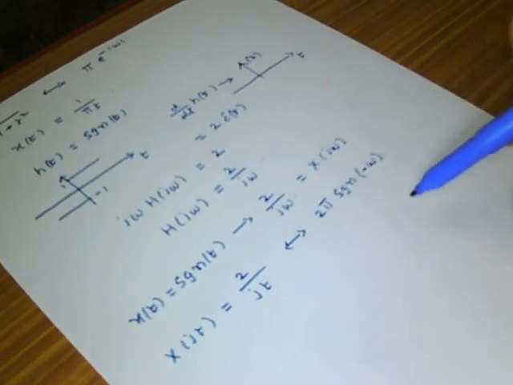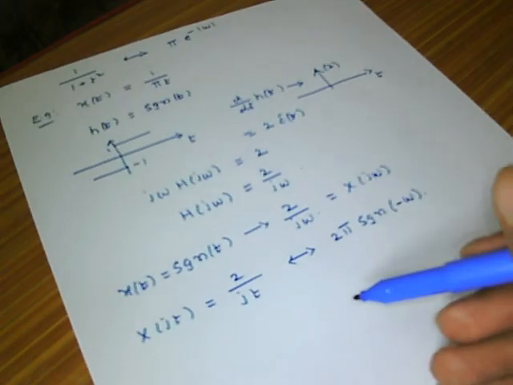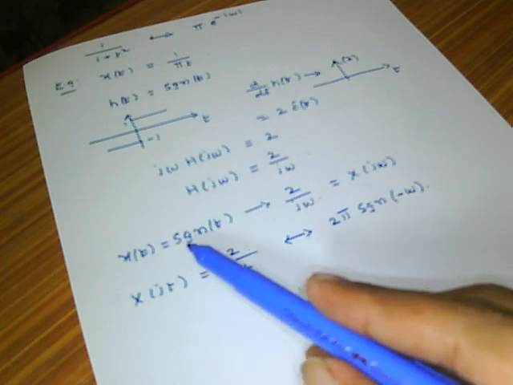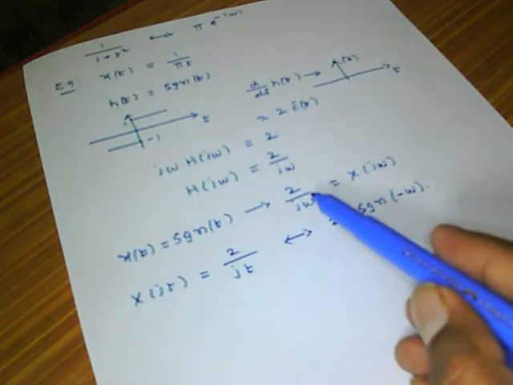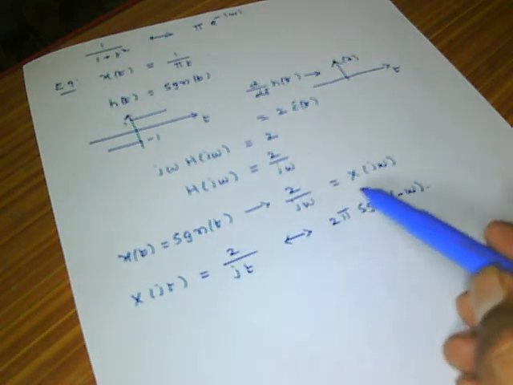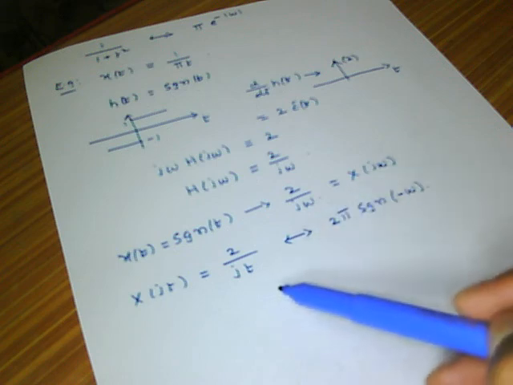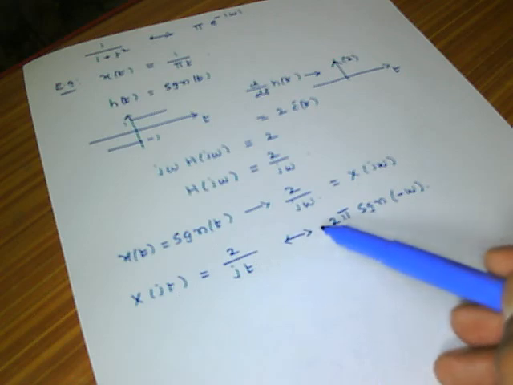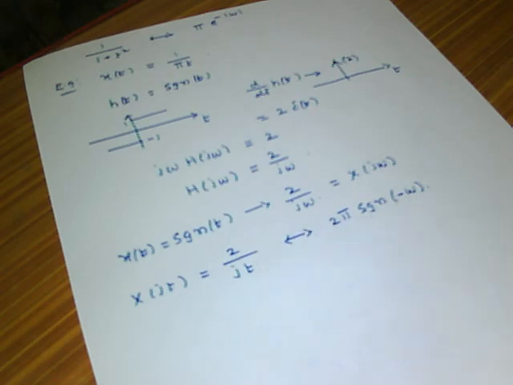So if we take x of t to be signum of t, that will have 2 by j omega as the Fourier transform. If we replace omega with t, you will get 2 by jt. So the corresponding Fourier transform will be 2 pi into signum of minus omega.